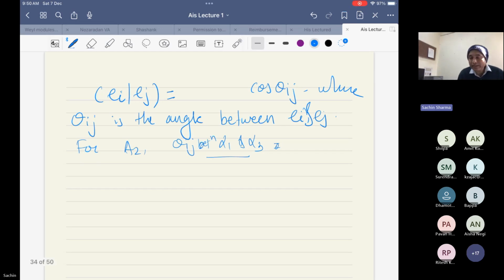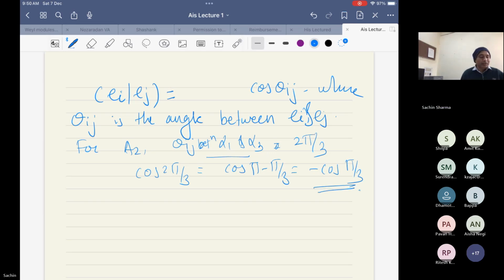It is just nothing but 2 pi by 3. But how do you write cos 2 pi by 3? It is just nothing but cos of pi minus pi by 3. So this is just nothing but minus cos pi by 3.